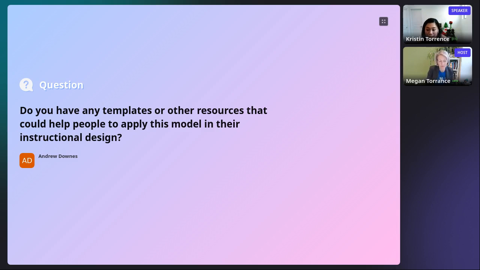I do have a handout that I created for DevLearn that is specific to designing for VR, for immersive environments. However, as I mentioned before, it really could be applied to any learning solution. I wouldn't call it a step-by-step guide. It's basically the framework, but it talks a little bit more about how the framework is done, with some examples as well.